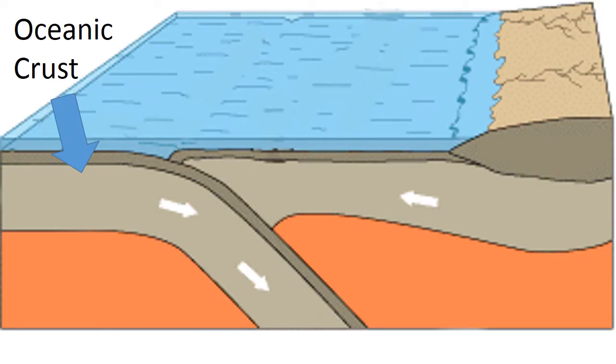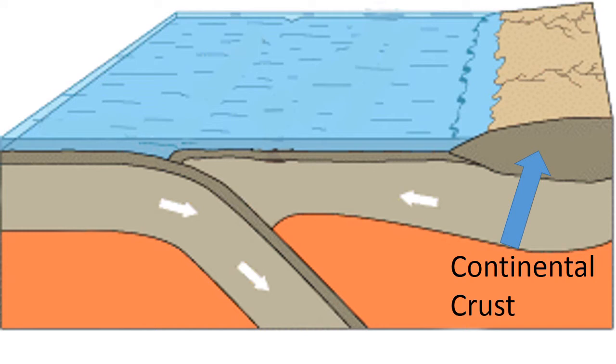Oceanic crust is located beneath deep oceans and consists of mainly basalt, which is a heavy and dense rock. Continental crust is located beneath the Earth's continental landmasses and under shallow seas close to continents and consists of lighter rock such as granite.